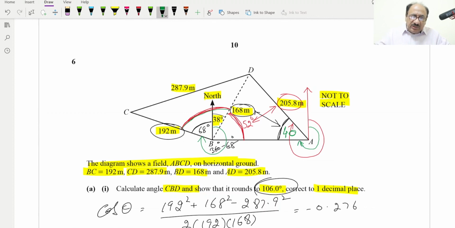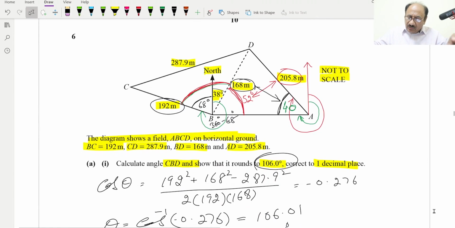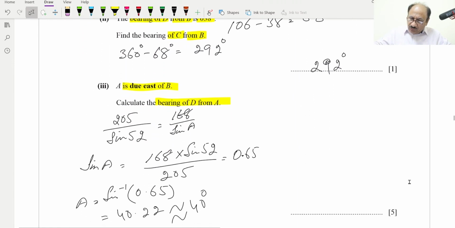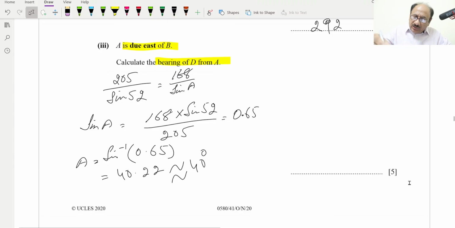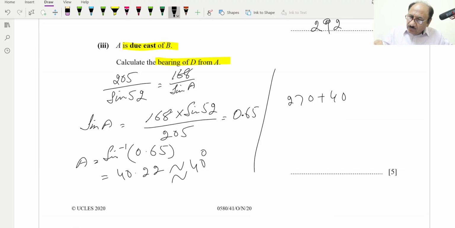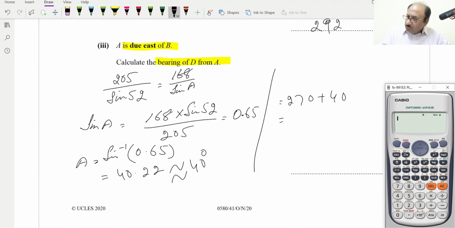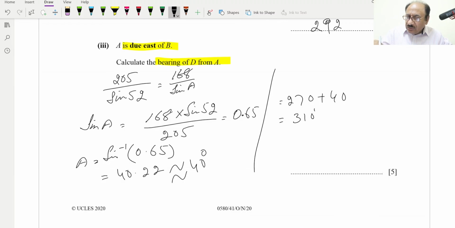So 270 plus 40 will be this bearing, and that will be our answer. 270 plus 40 will be equal to 310. So 310 degrees will be our answer.